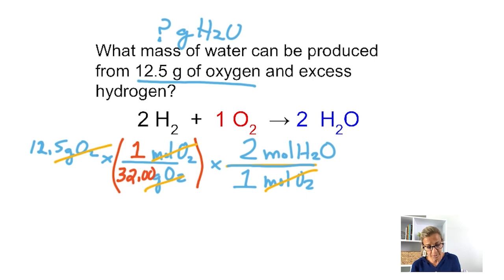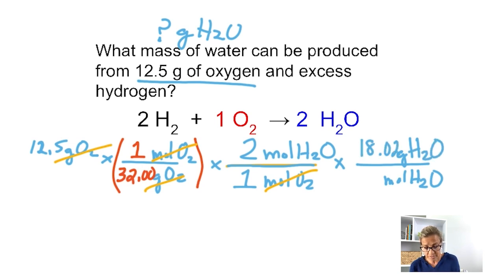Now if we stopped right here, where are we? We're in moles of water. Are we done? No, I need to go to grams. So one more step. Can I trade in moles of water for grams of water? This is the molar mass of water, 18.02 grams is 1 mole.